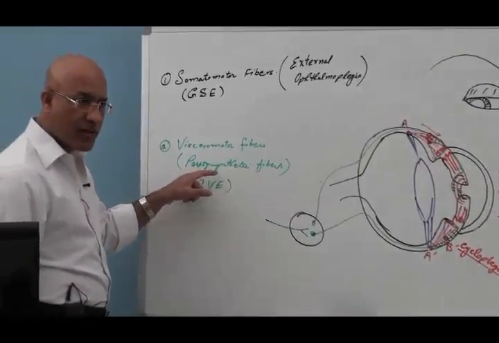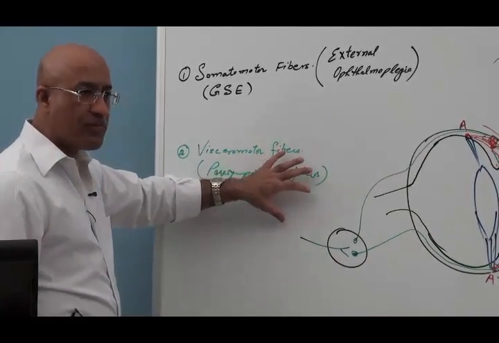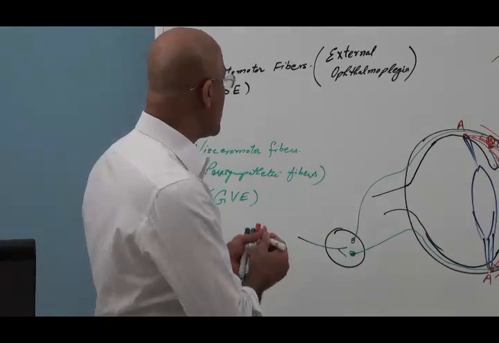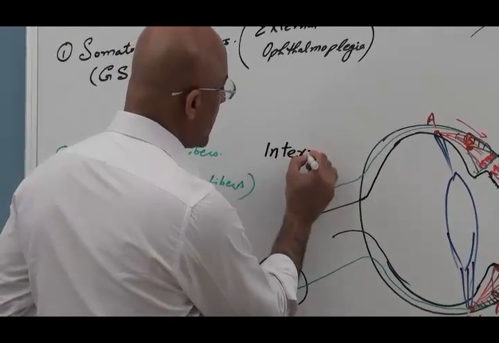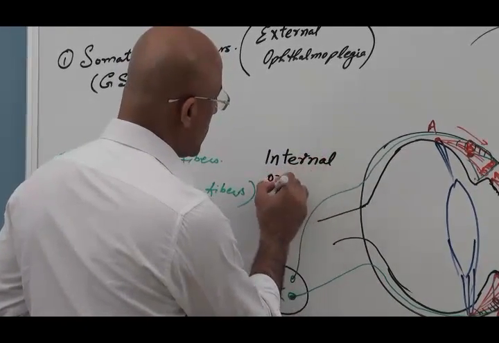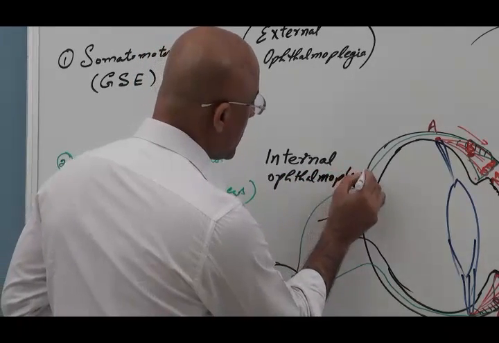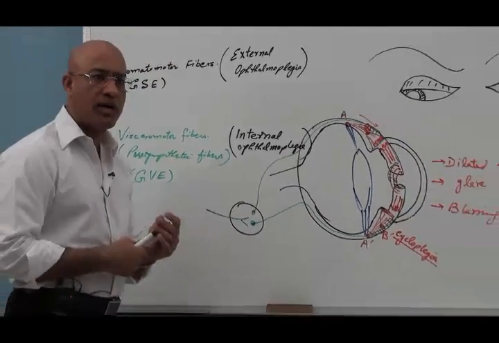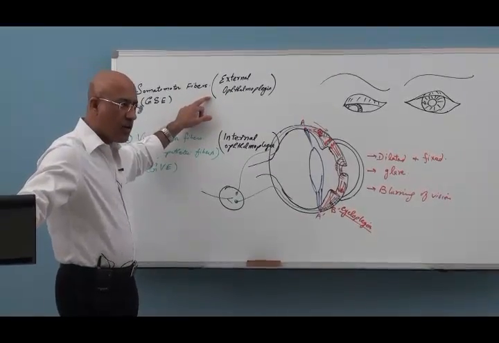If there is failure of parasympathetic fibers only, then this is called internal ophthalmoplegia. What is it called? Internal ophthalmoplegia.